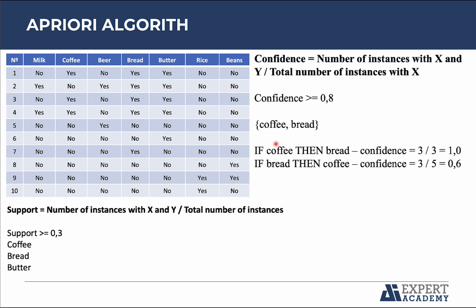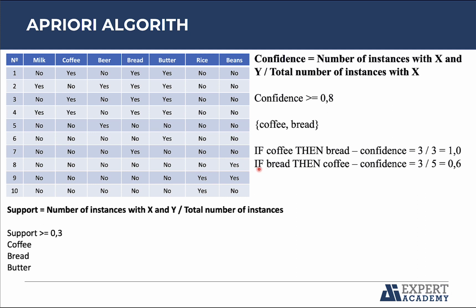It means that every time that coffee is bought, then bread is also bought. We can see here coffee, bread, and coffee, bread. Every time that coffee is equal to yes in the data, bread is also equal to yes. For this reason, the confidence is 100%.